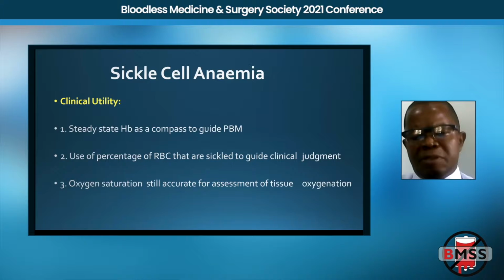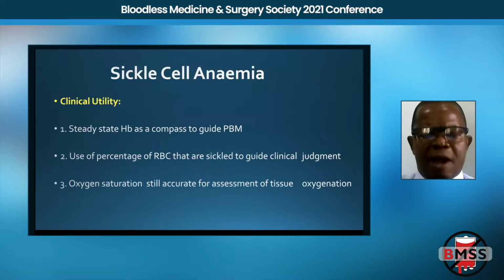For instance, for a patient whose steady state hemoglobin is about, say, 8 grams or even 7 grams, if it comes down to 6 grams, we're not going to rush to transfuse because of the change between 7 and 6, or between 8 and 7, depending on what the steady state is, because the patient has developed adaptations around that level to live a normal life.